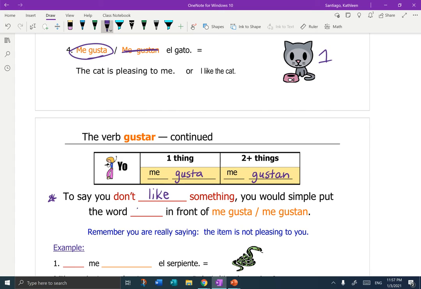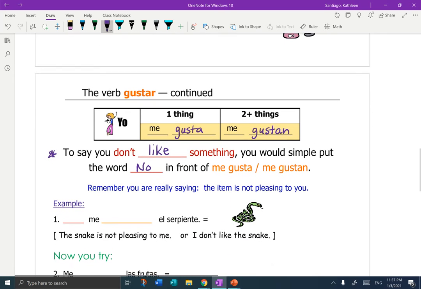You would put the word no in front of me gusta or me gustan. Remember, what you're really saying is the item is not pleasing to you. So to say the snake is not pleasing to me or I don't like the snake, I would have to put no first to negate the liking.